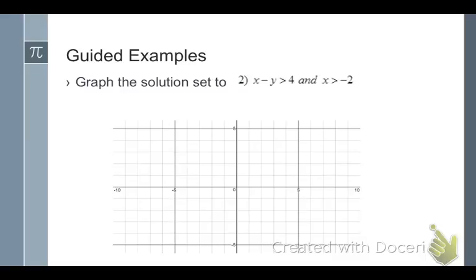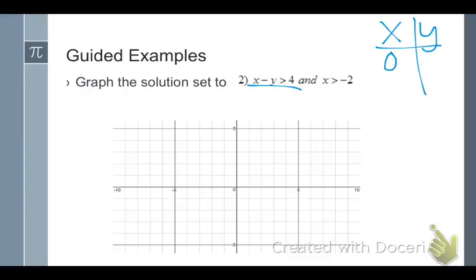So here's a second example. This one is not in slope-intercept form, so I can plot some points or any other way I want. I can turn it into slope-intercept form, but you have to be careful to change the direction of the inequality if you divide by a negative 1. For the first one, in blue, I am just going to make a table of points. I'm going to use intercepts.